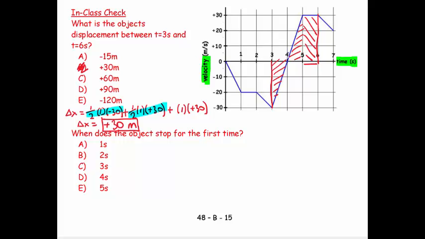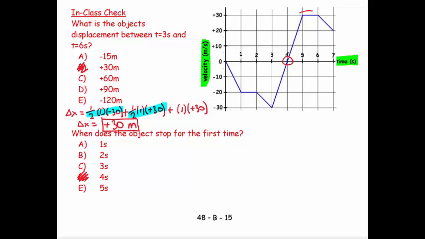Cool. And then this next little bit, when does the object stop for the first time? Now again, let's clean up a little bit. Let's remind ourselves, we're looking at a velocity versus time graph, and I'm stopped when my velocity is 0, and so I'd look along the line, ignoring the start, I'm stopping for the first time instantaneously at time t equals 4 seconds.